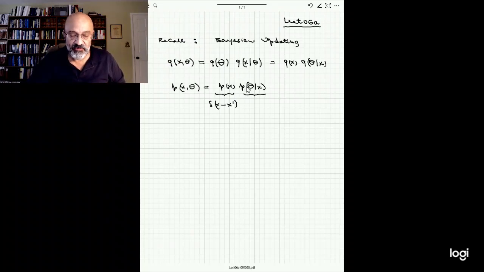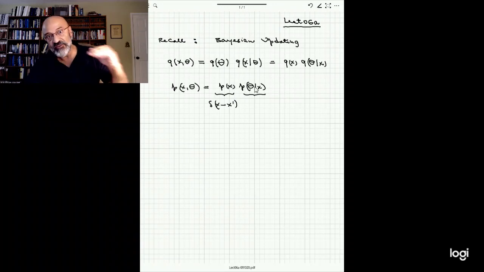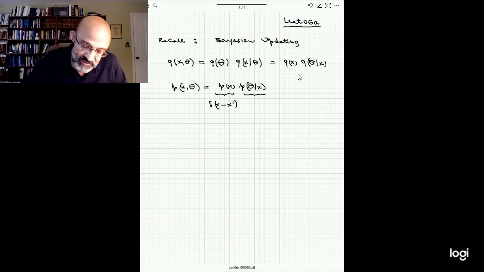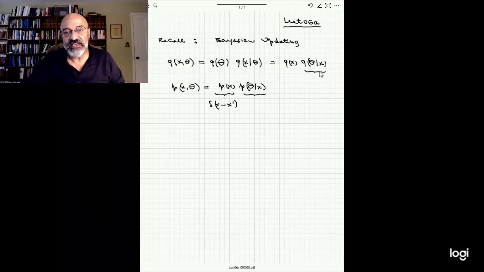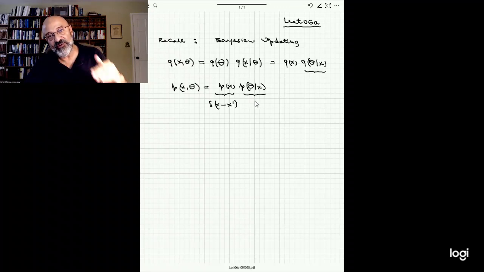So here we use this principle of minimal updating. That's when we're really doing Bayes, and we say that whatever the probability of theta given x we had in the past, we're not going to modify it. We're going to keep all those beliefs that are not affected by the new information.